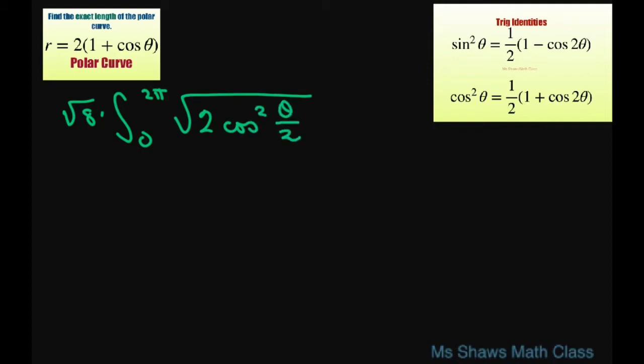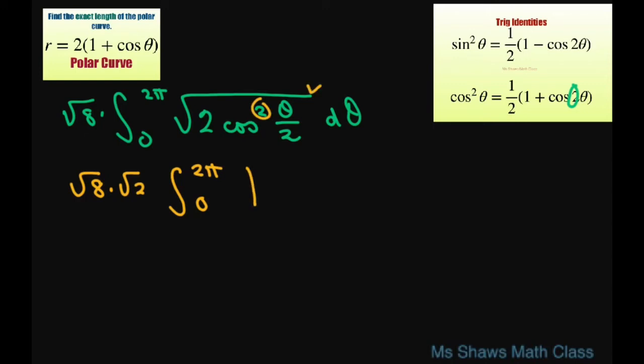We have to divide it by 2 because our formula had a 2 in it, d theta. Now I can pull out the square root of 2, so this is going to be square root of 8 times square root of 2 times the integral from 0 to 2 pi. Since it's squared and this is a square root, I can write this as absolute value of cosine of theta divided by 2 d theta.